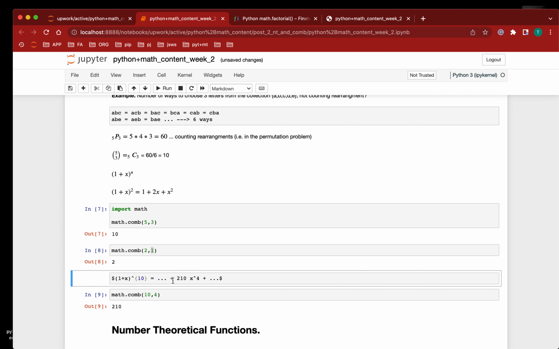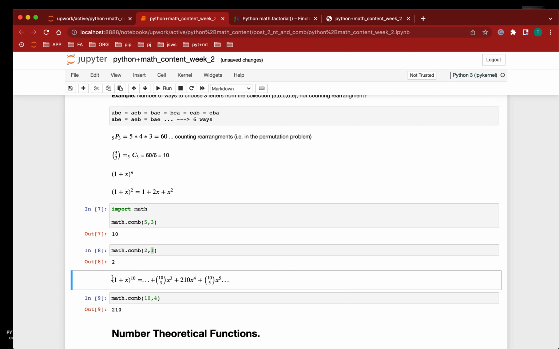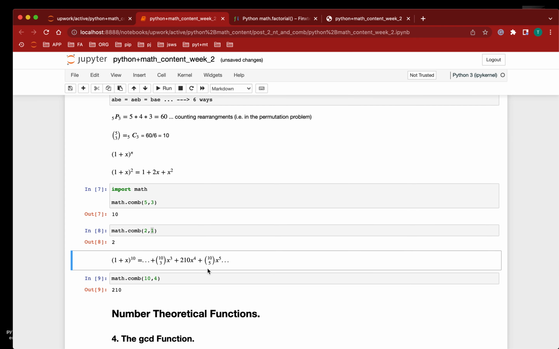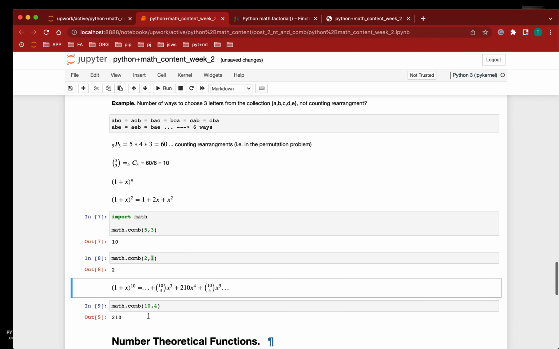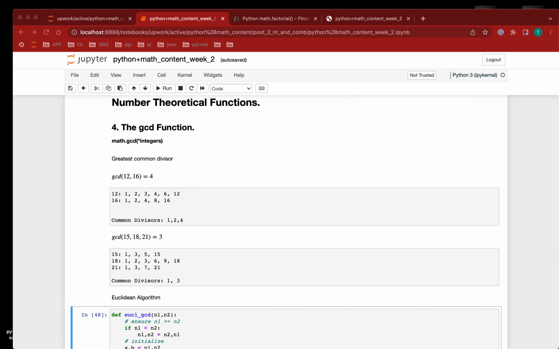And then the other terms are like some coefficient. 10 choose 3 here, and 10 choose 5 over here. So if you expand this expression out, you're going to get something like this. And we know this 210 because we just calculated it over here. So that is the combination function.